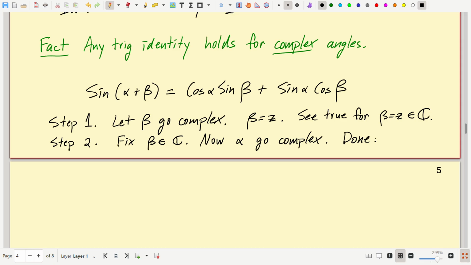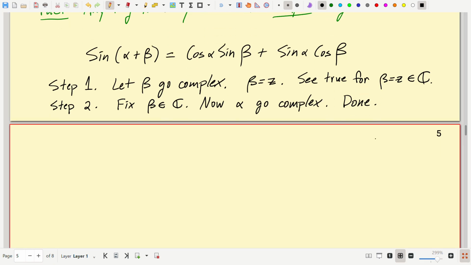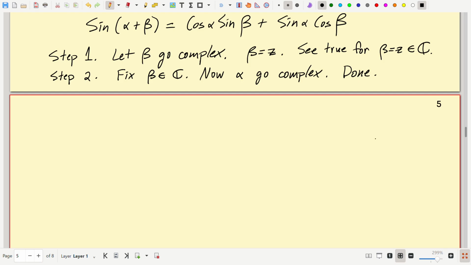Well, let's see. There's one more thing I needed to say about power series. Any questions about anything before I move on? Here's a big fact. Easy big fact. We can differentiate power series term by term.